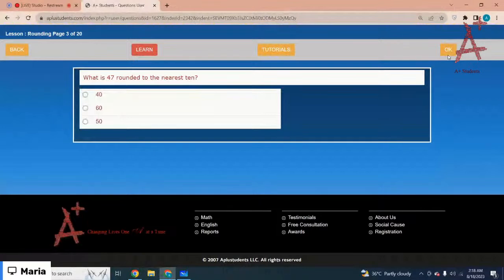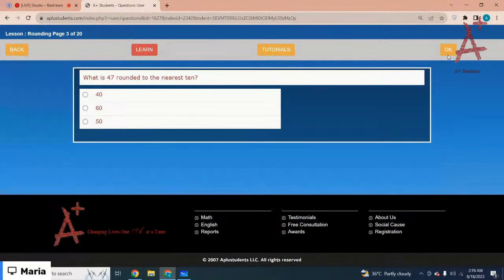What is 47 rounded to the nearest 10? Which is the correct option? 47 is rounded off to 50, right?